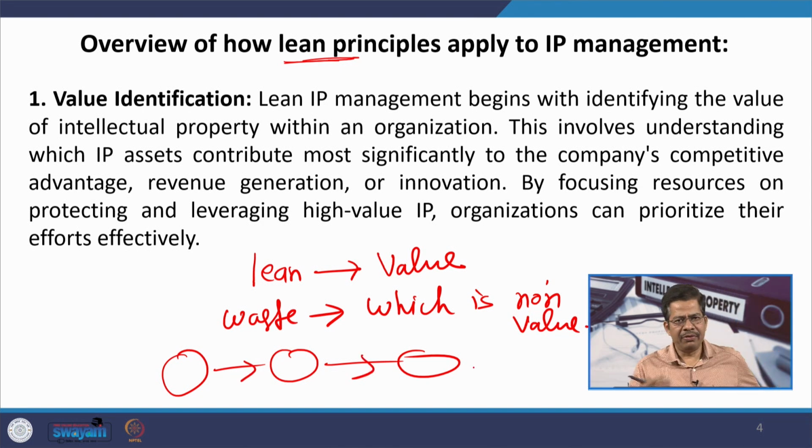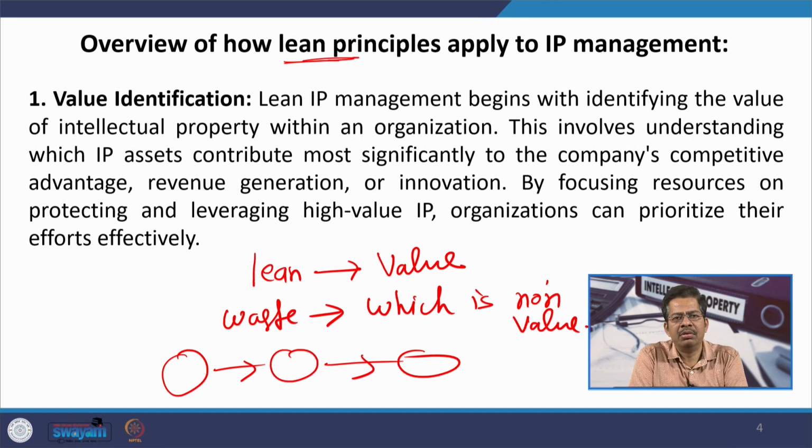For example, let me say, just to give you a very simple example, I know this example may not be very correct. We are doing a lot of prior art survey when we are doing IP filing, IP creation. Now, somebody may say that doing this prior art survey is not adding any value to my IP creation process.